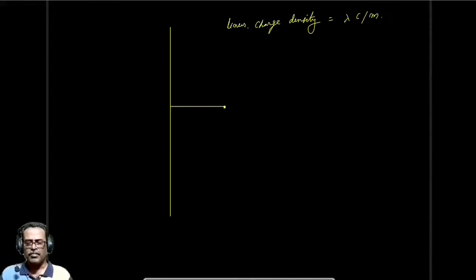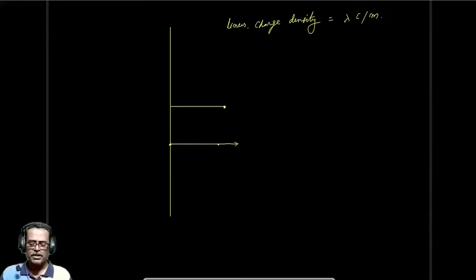It is an infinitely long charged wire, and if we consider any point outside this wire, suppose this is the foot of the perpendicular, the field line will be along this direction.